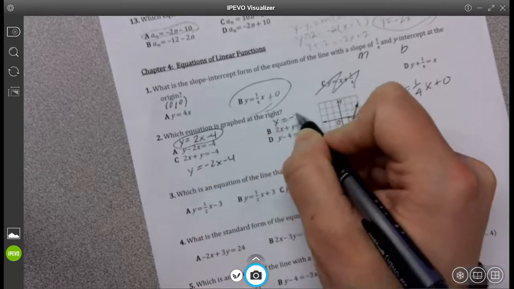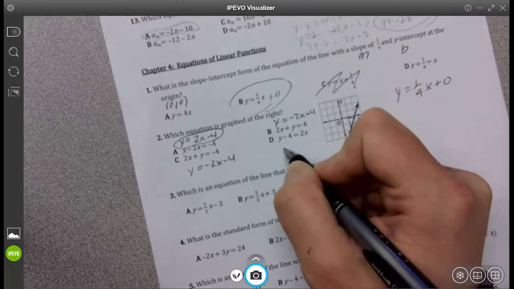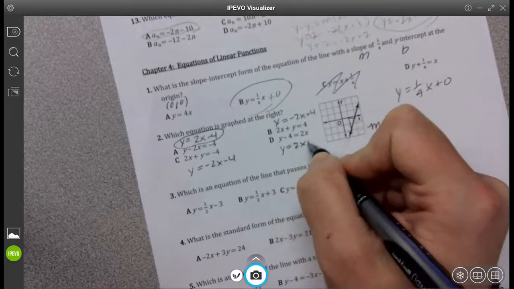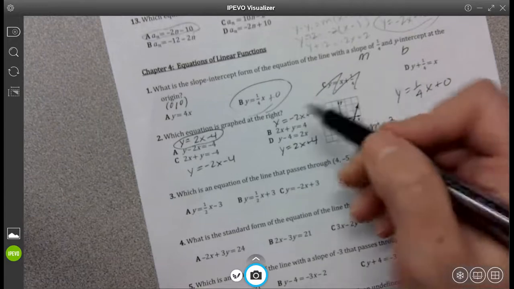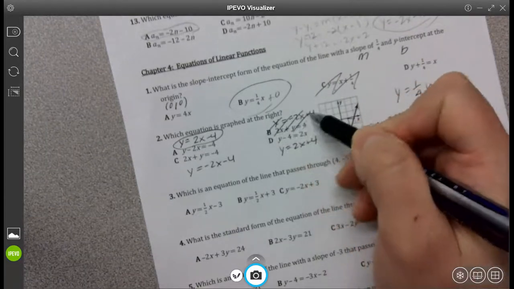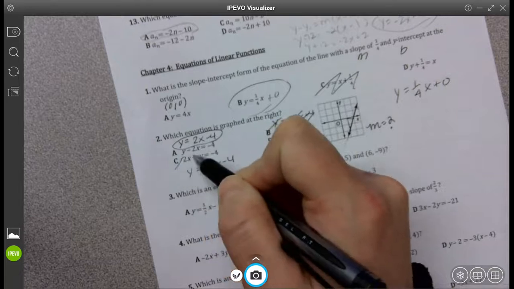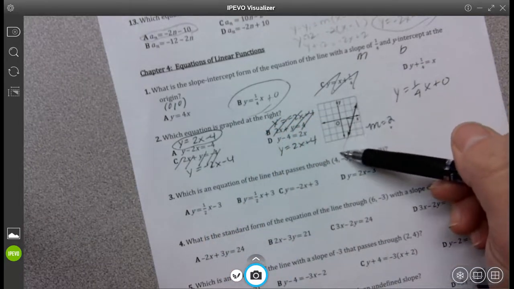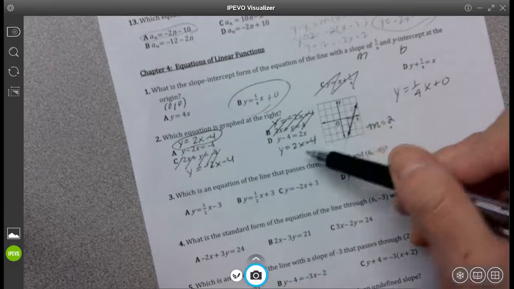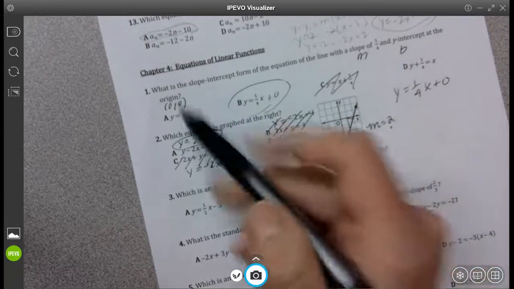Move this one to the other side, it's -2x plus 4. Move this to the other side, it's 2x plus 4. Well, if our slope is a positive 2, it can't be this one or this one. I don't know my y-intercept, but it looks like it would be negative. It wouldn't be positive, so it's not the plus 4. It has to be A.